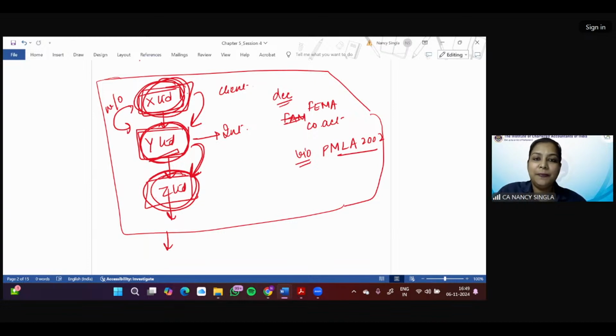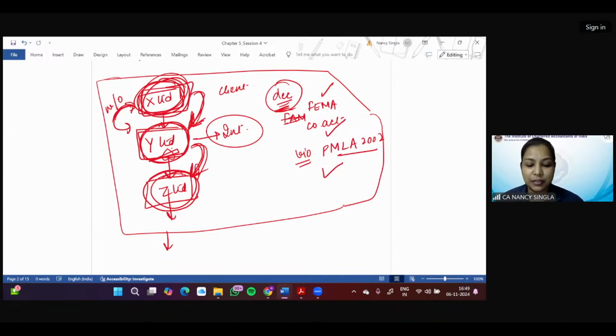So where the company has invested or advanced loans to Y intermediary, which can be a foreign entity, with an understanding in writing or otherwise that the intermediary shall further invest or advance loan directly or indirectly to another company, which is the ultimate beneficiary. So the company is required to give four disclosures. So one is a declaration and three disclosures are relating to this and the guarantee. And the fourth one is the declaration with respect to FEMA, Companies Act, and PMLA, that is Prevention of Money Laundering Act 2002, is not violative.